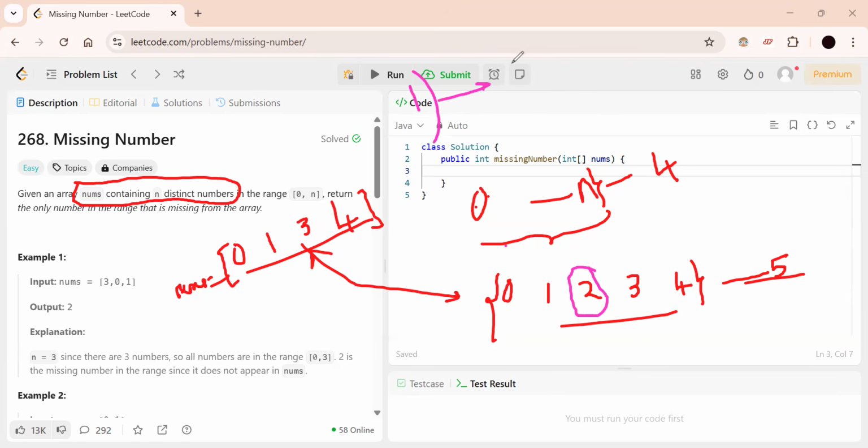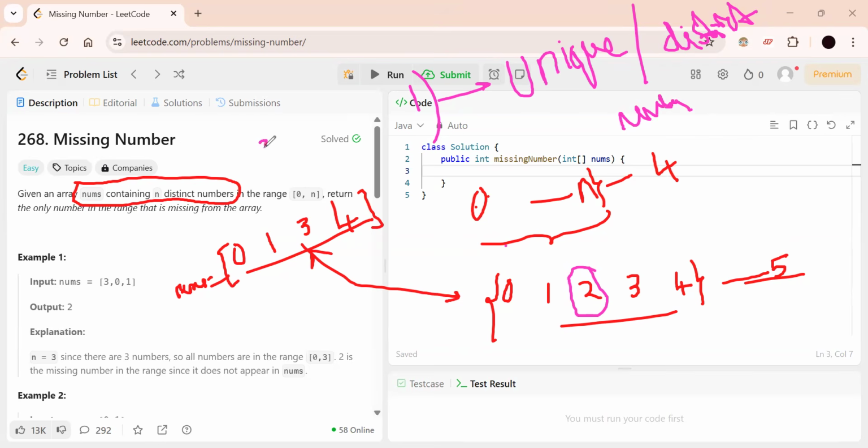There are a couple of things we need to consider here. First, they are clearly saying you will have only unique or distinct numbers in the array. And n is the size of the array.